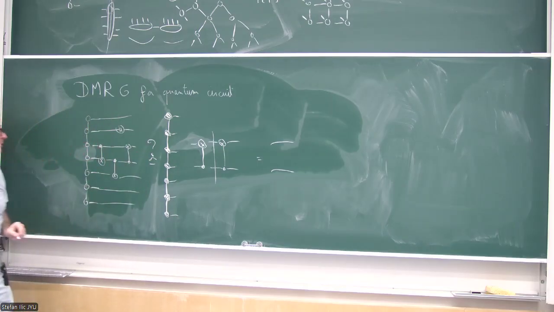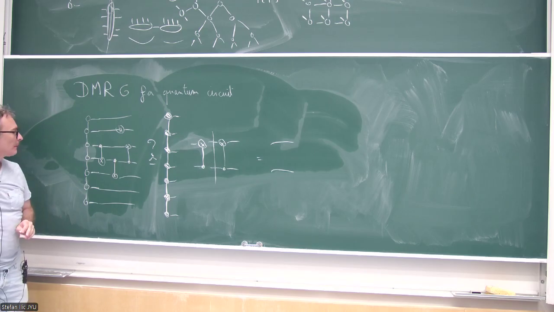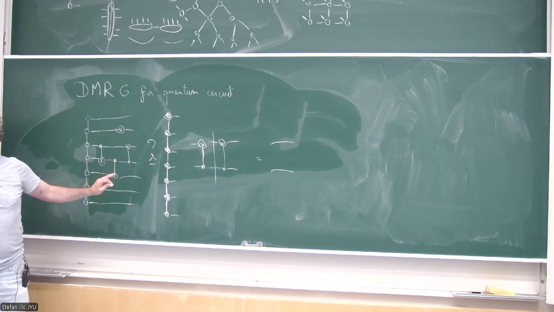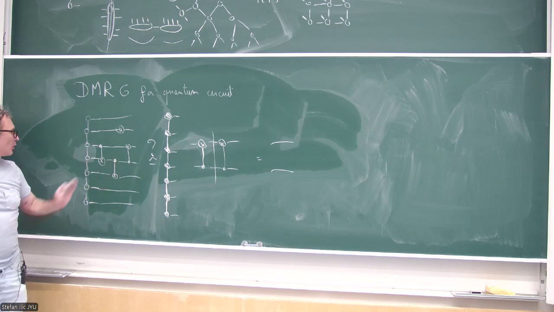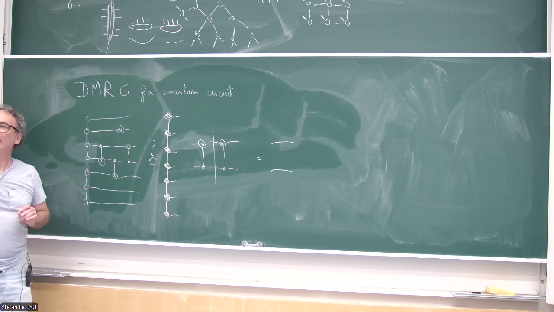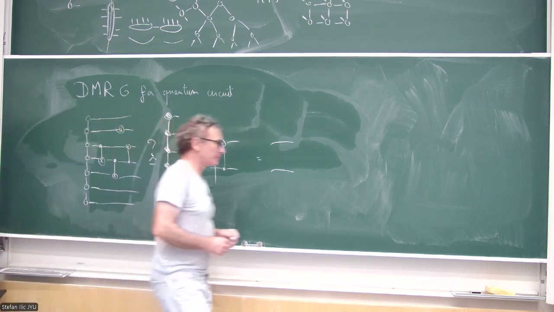So that's DMRG. We have something, and we want to find the best MPS that matches that globally. After a single gate we already have the answer, but after multiple gates it's not clear yet.